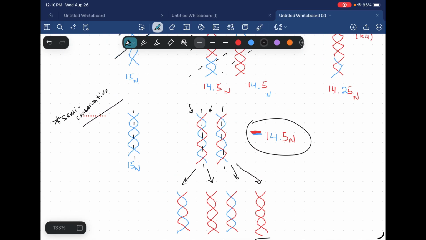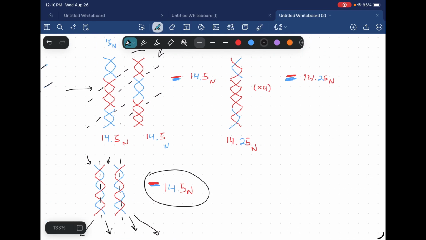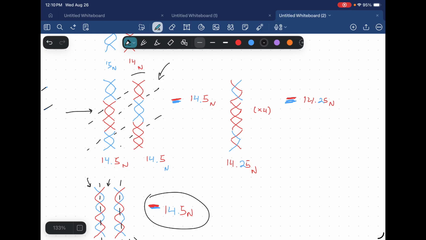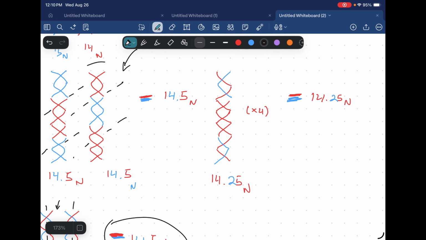This result now eliminates the dispersive model. Under the dispersive model, old 15N DNA and new 14N DNA would remain interspersed throughout every daughter molecule. Therefore, after each round of replication, you would expect a single band that progressively shifts towards the light position as the proportion of newly synthesized 14N DNA increases.